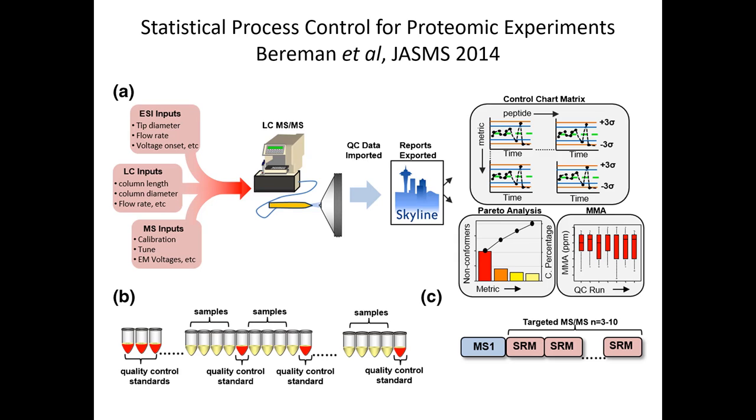So it provides these longitudinal plots and very nicely visually shows you like average mean performance with 1, 2, and 3 standard deviations for the things being monitored, mostly peptides. And then the Pareto analysis shows you what is largely responsible for a change that may be seen and what is not, or less incrementally responsible.